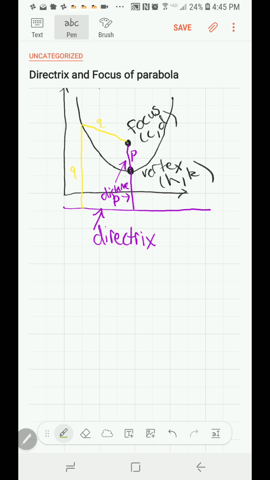Well, we take advantage of what we know. First of all, there's a little tip that you can take advantage of, and that is that the P value right here, the distance from the vertex to the focus, is always 1 over 4a if your parabola is in the form a times x minus h squared plus k, like this.